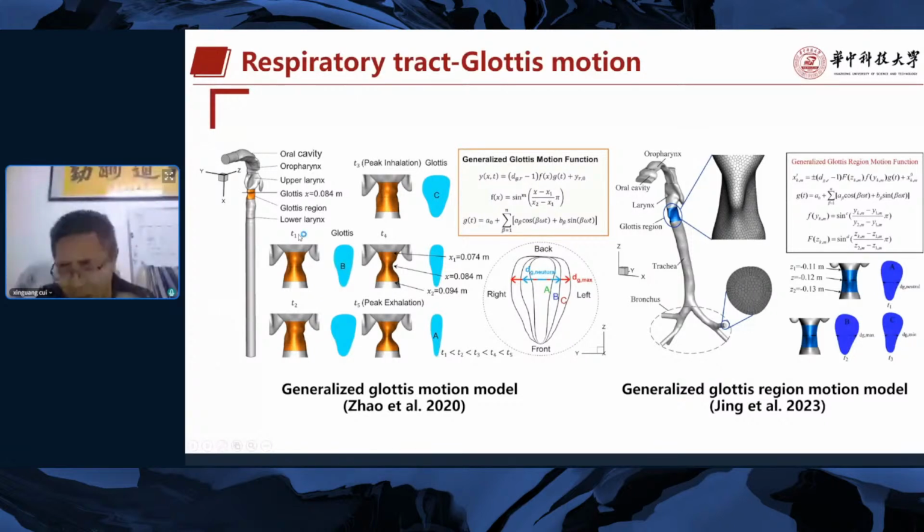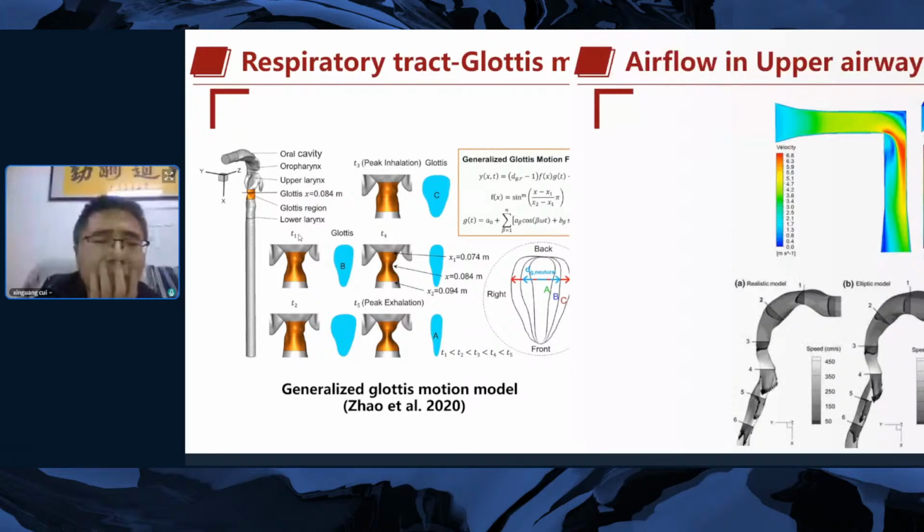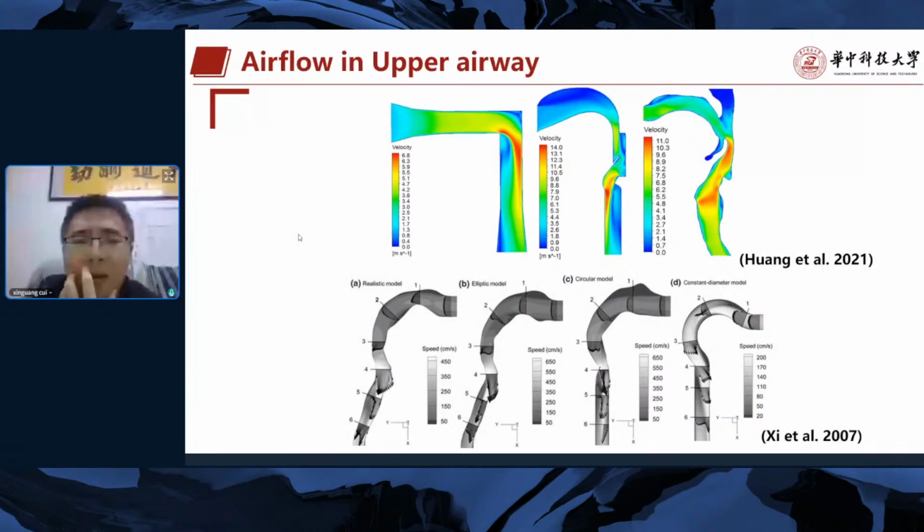And in the upper airway, the airflow is controlled by the airway geometry. You can see that with a different airway model, the flow is very different, for example the flow inside the oral cavity, in the pharynx and in the larynx.